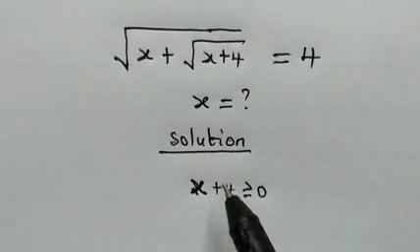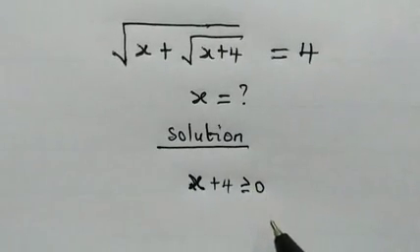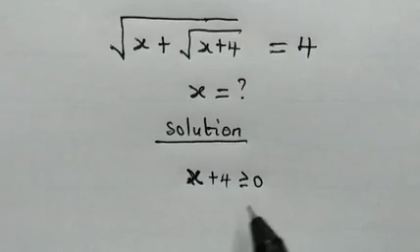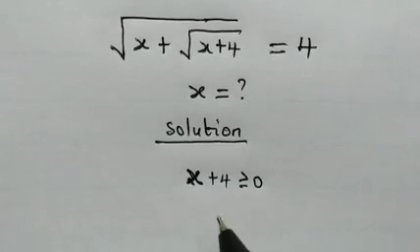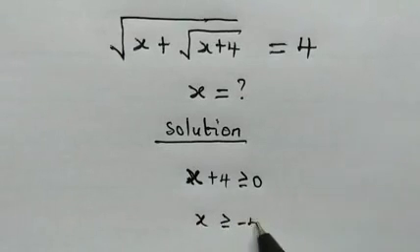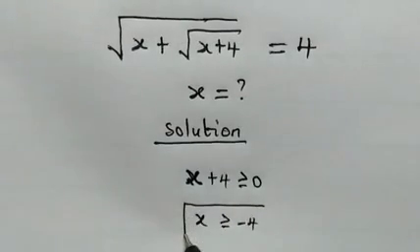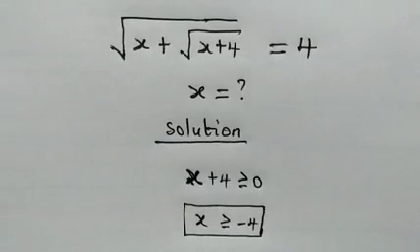We know the whole integers greater than or equal to 0. Now from here, if you subtract 4 from both sides, then we're going to have that x is greater than or equal to negative 4, right? So let's keep this aside.